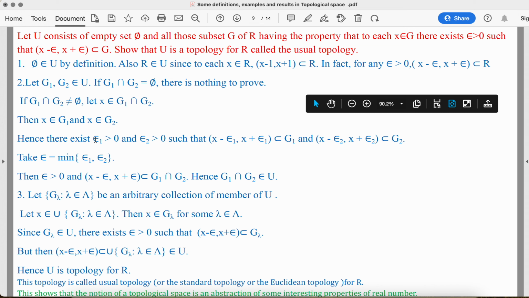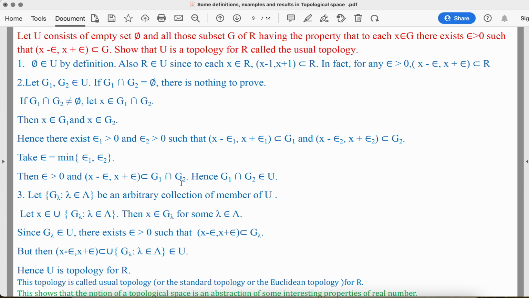Therefore, the open interval x minus epsilon to x plus epsilon is a subset of G1 intersection G2, and this shows that G1 intersection G2 belongs to U. It means the finite intersection of sets also belongs to U. The intersection of two sets we have considered is also in U.